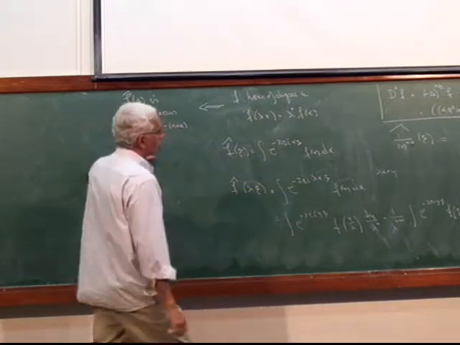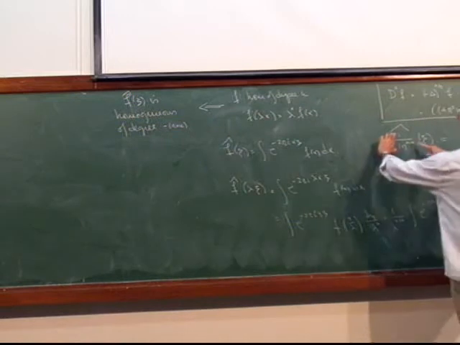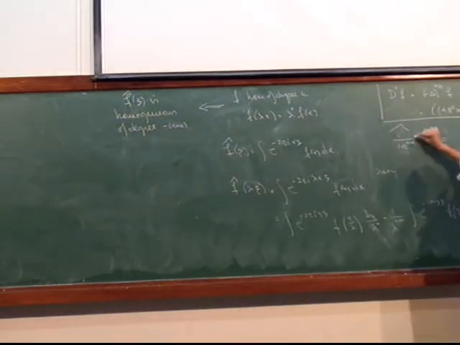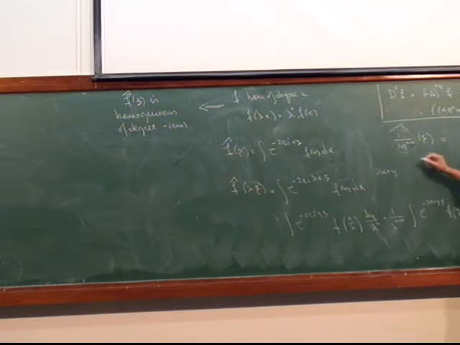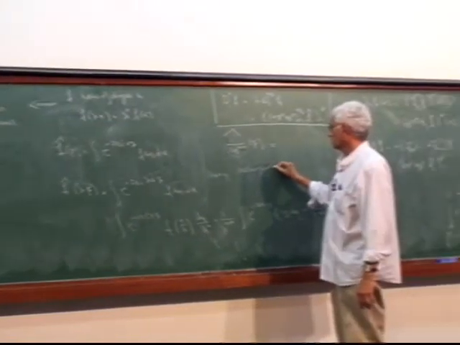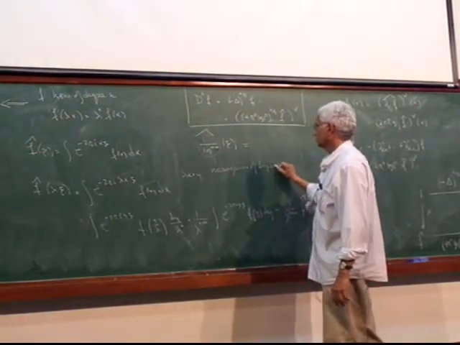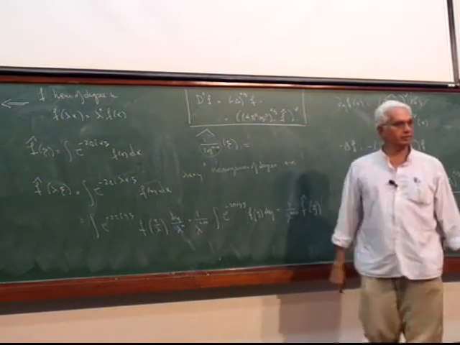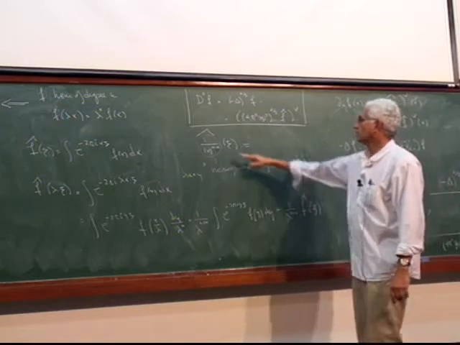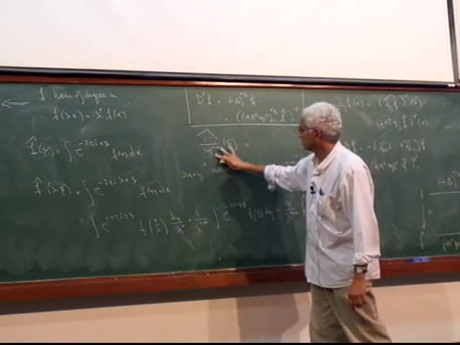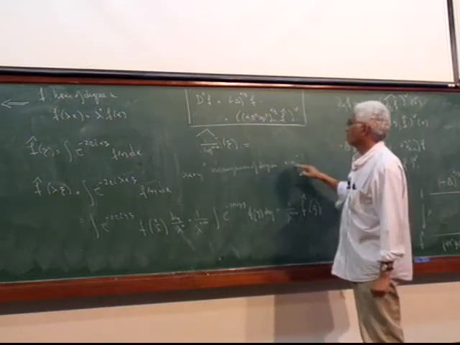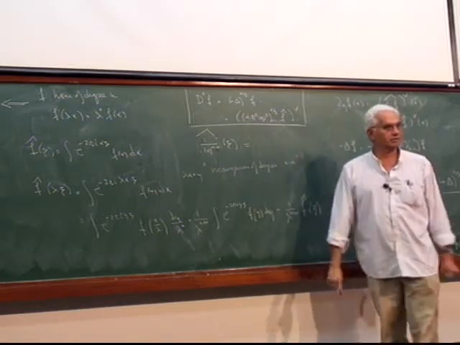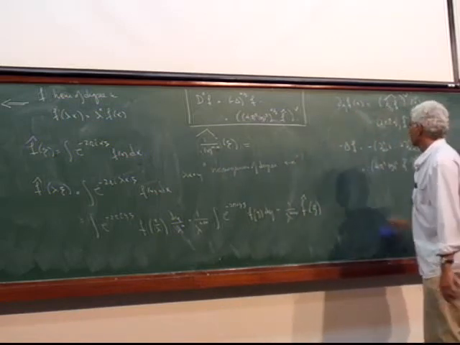Therefore, what do you have here? This function is homogeneous of degree alpha minus n, right? Therefore, this one will be homogeneous of degree what? N minus alpha. Okay.